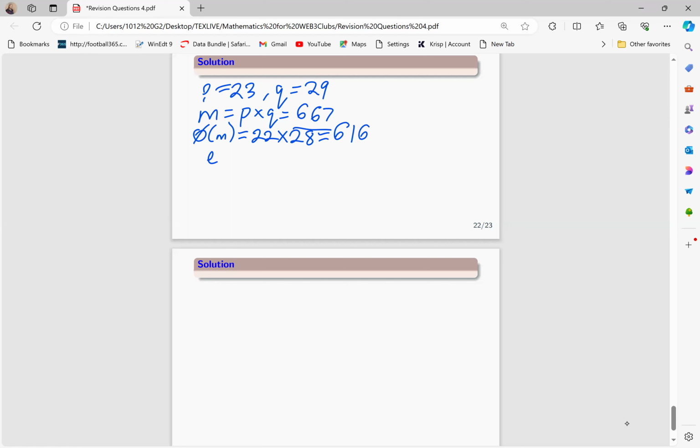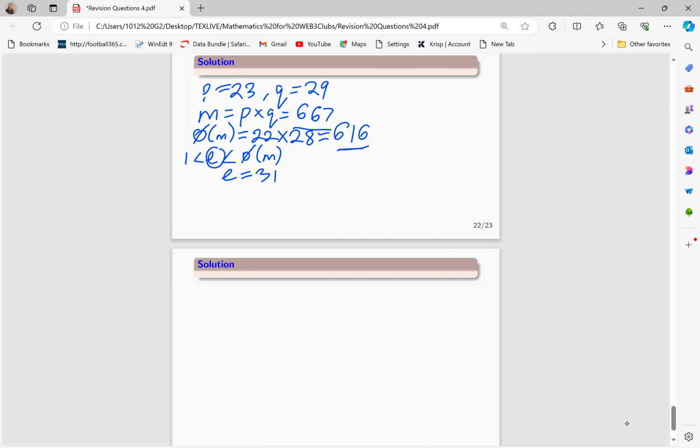E should be greater than 1 and should be co-prime to 616, and less than 616. So I chose the number 31.